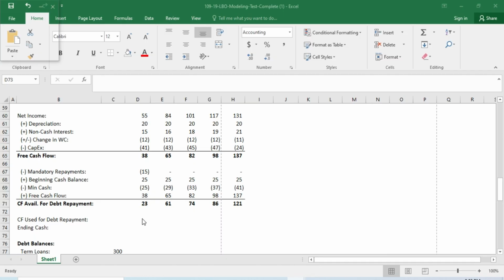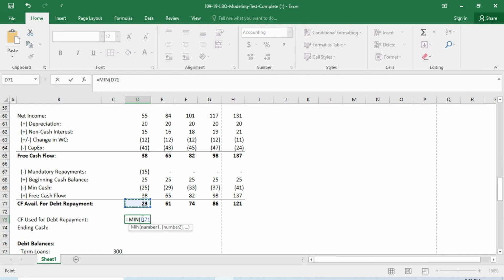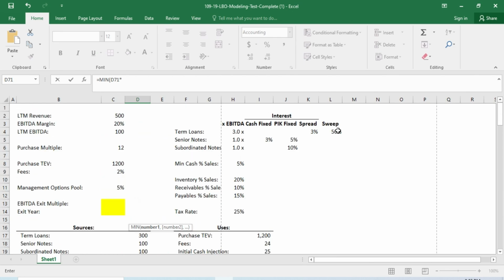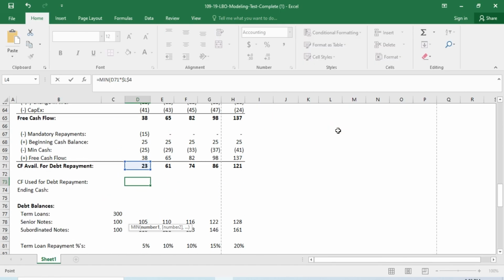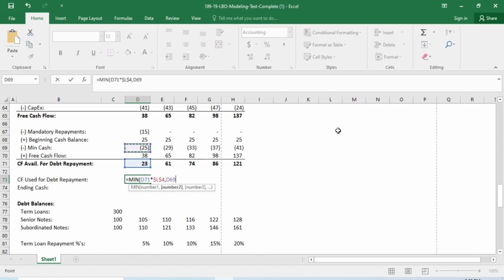Yeah, here we will make a formula: minimum of term loan multiplied by term loan minimum cash.